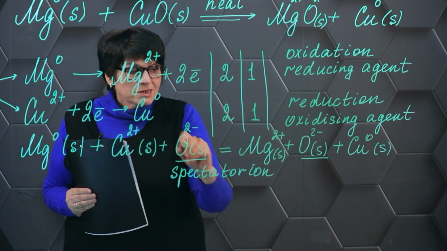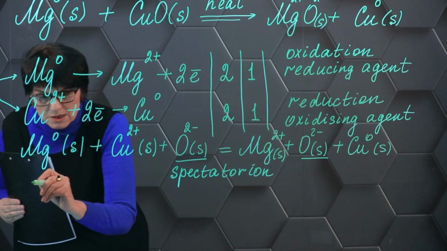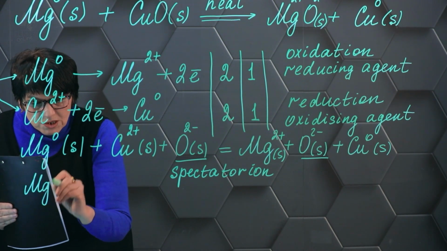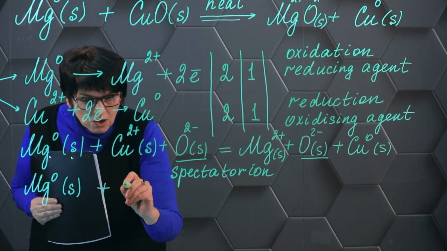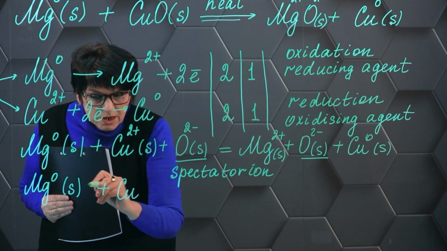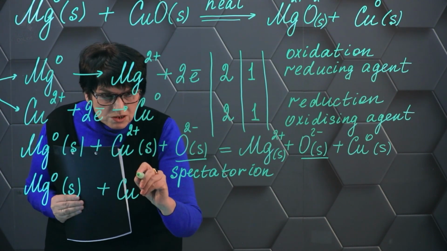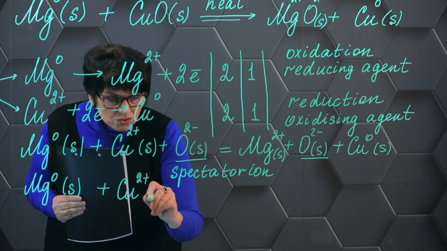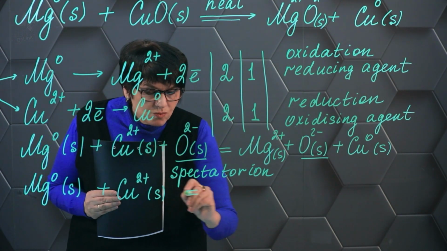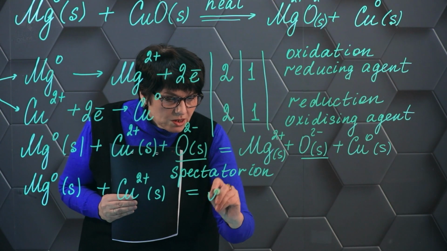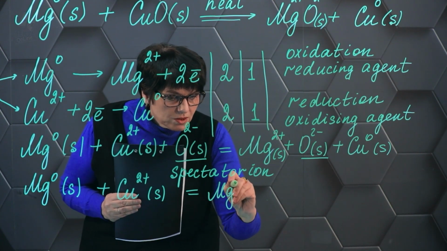If we proceed in this manner, our equation will ultimately be simplified. The equation represents the reaction between solid magnesium, which has no charge, and the copper ion, Cu 2+. The result of this reaction yields magnesium ions with a charge of 2+.